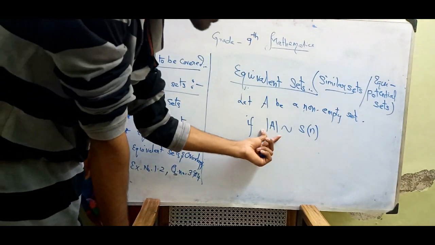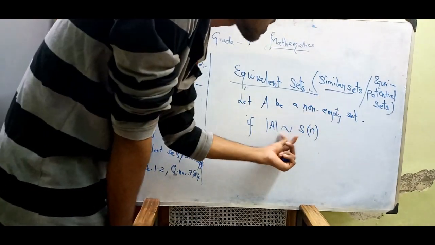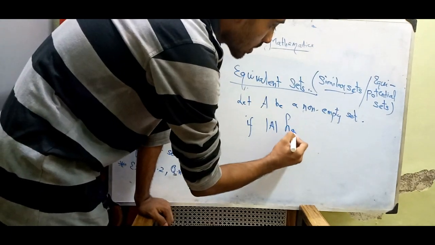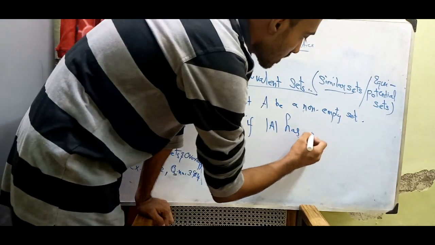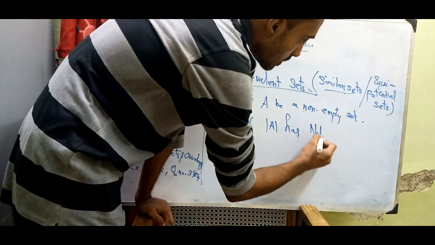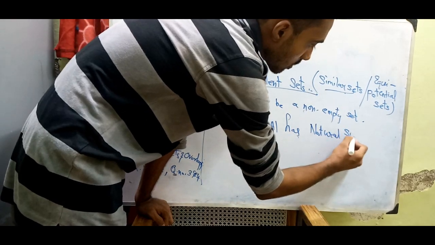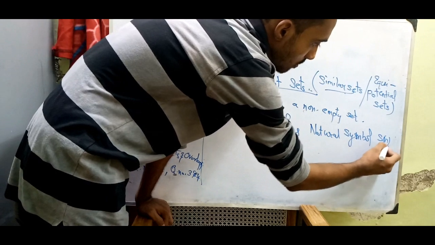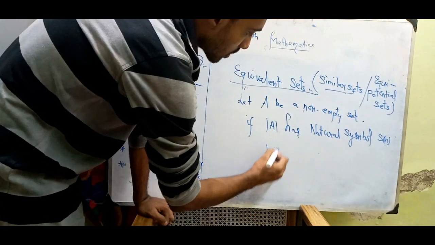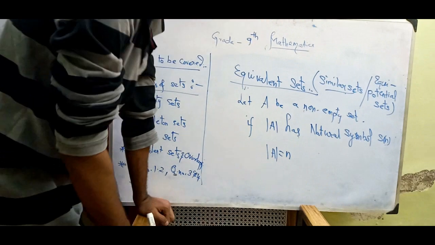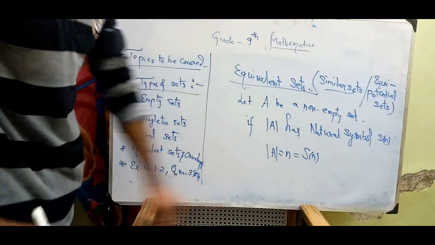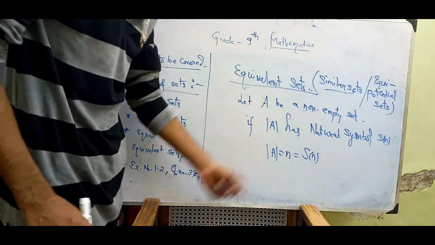So cardinality of A is similar to, or you can say in this way, if cardinality of A has natural symbol, and that is, we know that S of n. What is that? Cardinality of A has n elements, because S of n has n elements. So this is an equivalent set.